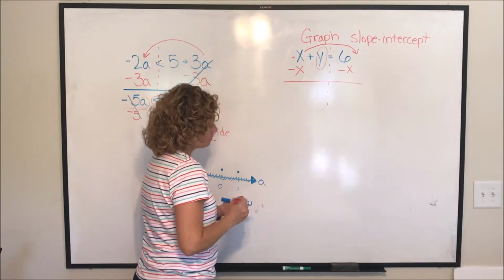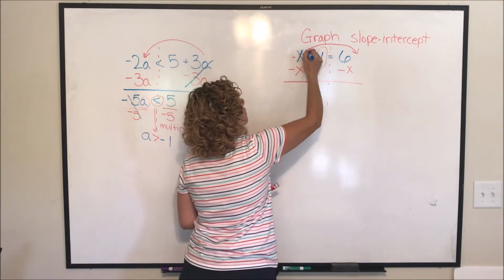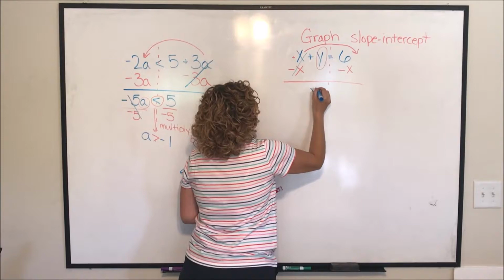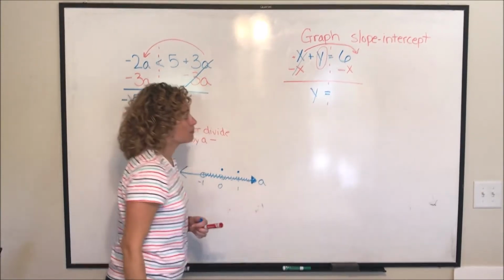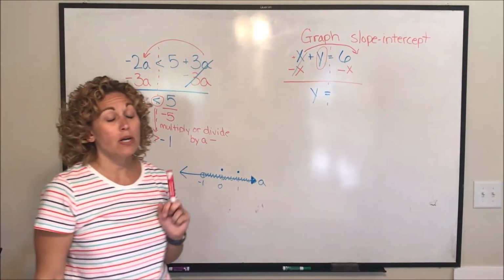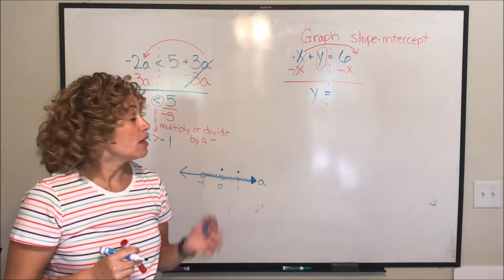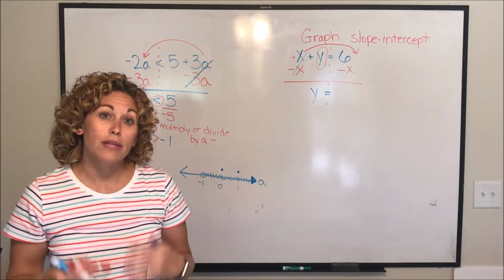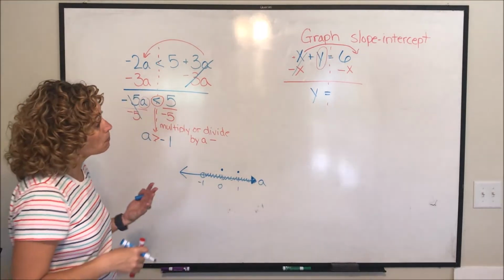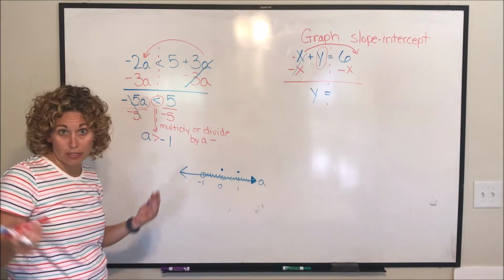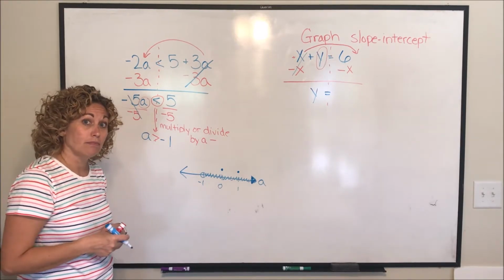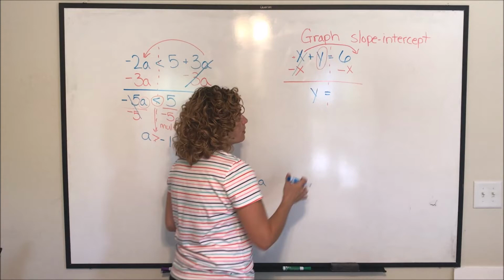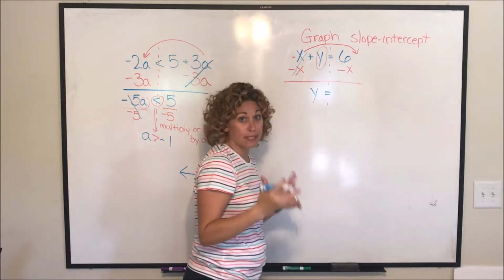When you do that, you're left with y equals. Now, we want to combine like terms. 6 and x, are they like terms? 6 people, x-rays. Are they the same? No. So since they're not the same, we have to leave them separate.